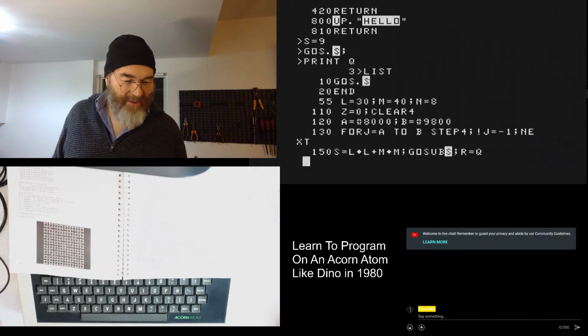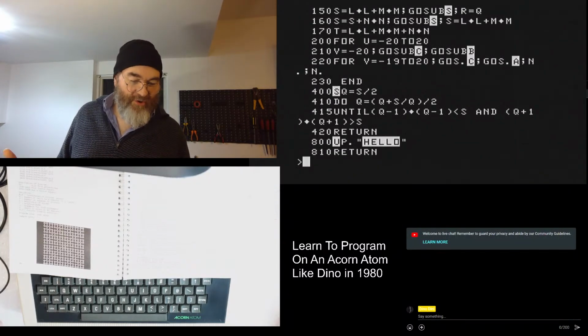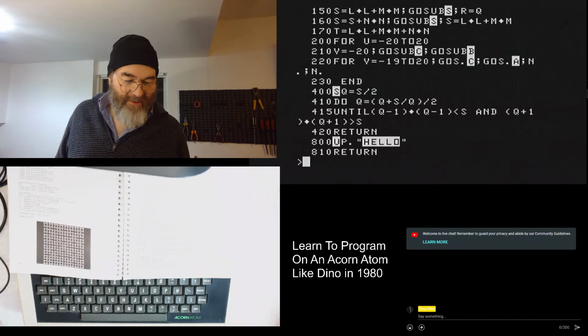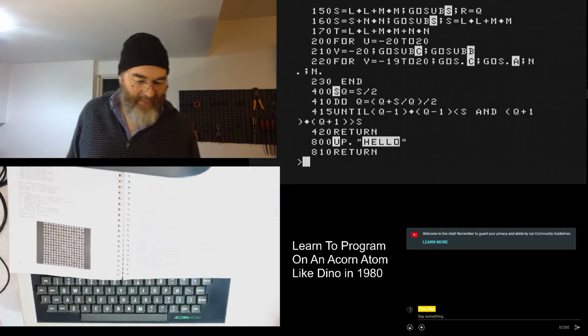Let's carry on with the listing. So only a few more lines. We've got another, because that's a function, a subroutine that calculates the integer square root. And the next one is a subroutine that draws from, it's actually plotting the curve by the looks of it.